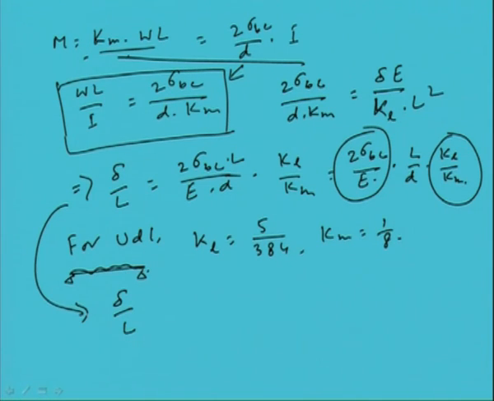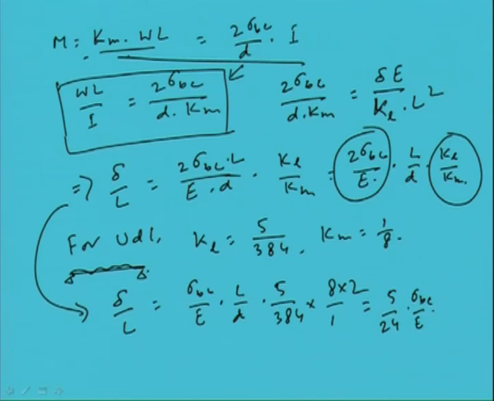Delta by L will become sigma BC by E into L by D into, putting the values of KL and Km, KL is 5 by 384 by Km, that means 8 by 1, and 2 sigma BC, so 2. So, from this I can find out 5 by 24 into sigma BC by E into L by D.